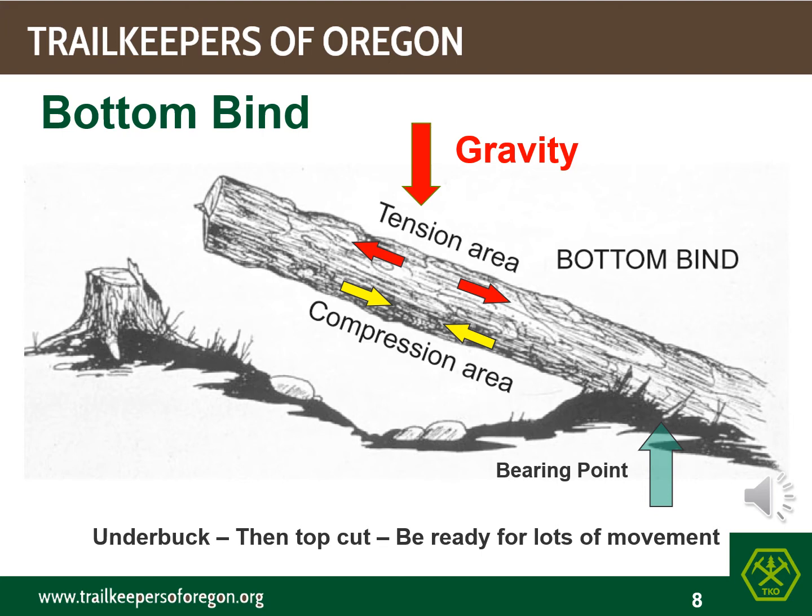In some situations, the binds may be what we call multiple and severe binds and require considerable attention by the saw team. If physically possible, some sawyers will go well out of the trail corridor and make a cut just to release some energy in the bind at the trail corridor area, particularly at a bearing point.